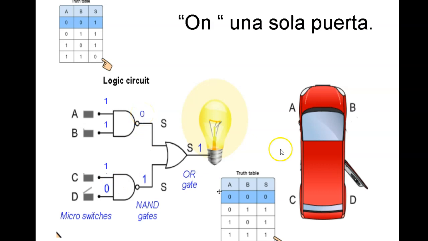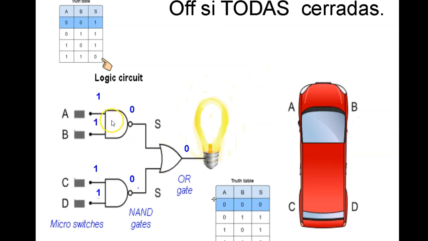This is what I want. I want no alarm to be here. But since I have 1 gate open, that is the D gate, this micro switch is in the 0 state. Since this is the contrary, because it is a NAND gate, it is giving me 1. So if I have 0 here, but 1 here, using an OR gate, the alarm is on. Just in the case I have all the gates closed, all the switches are in the one state, I obtain 0 here, 0 here, and in an OR gate, if I have 0 in the 2 inputs, I have 0 in the output.